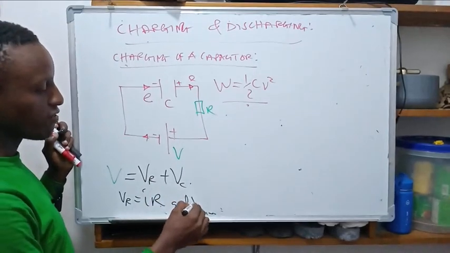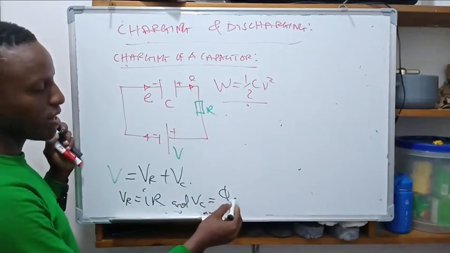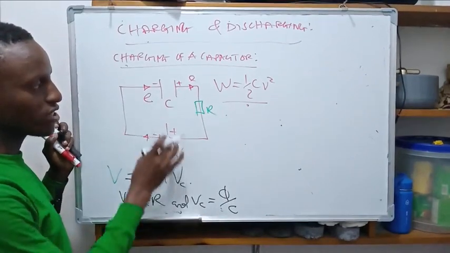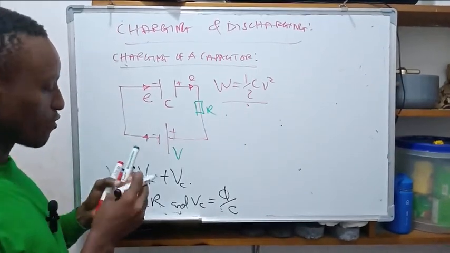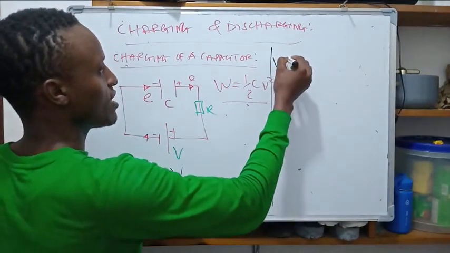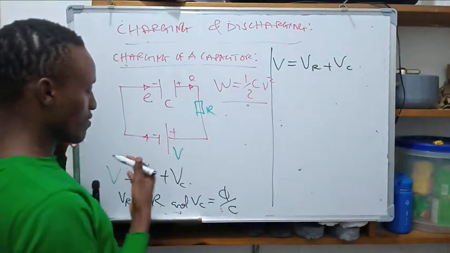The voltage across the capacitor is the charge flowing across over its capacitance, which gives VC, the voltage across the capacitor. To get the total voltage V, we can write V is equal to VR plus VC.